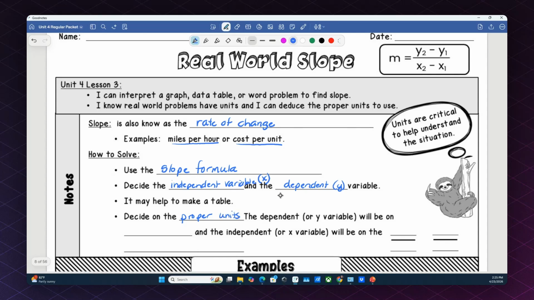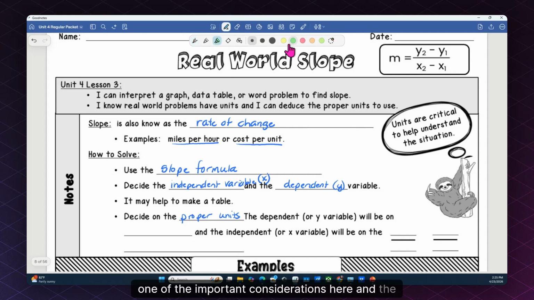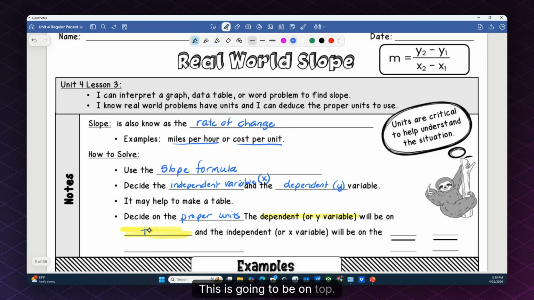One of the important considerations, and the reason we want to know what is dependent or independent, is that the dependent or y variable will be on top, and the independent or x variable will be on the bottom of the ratio.